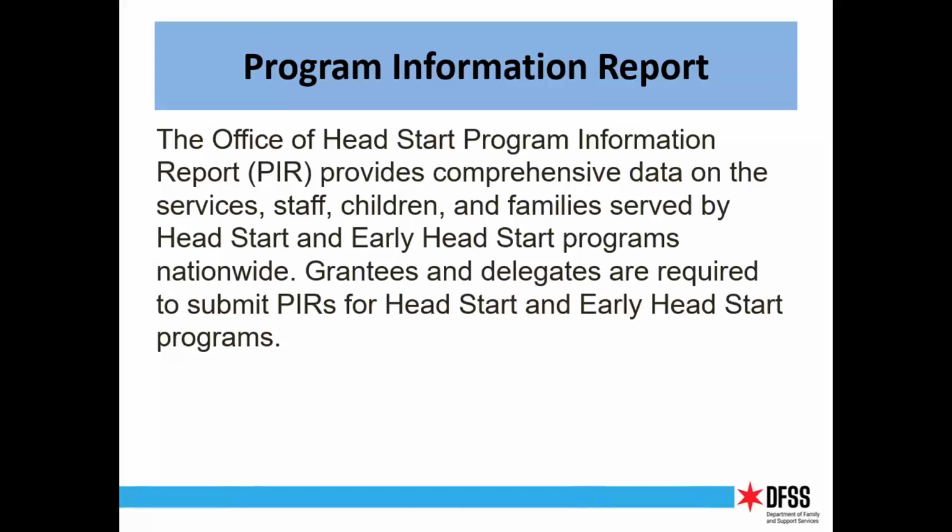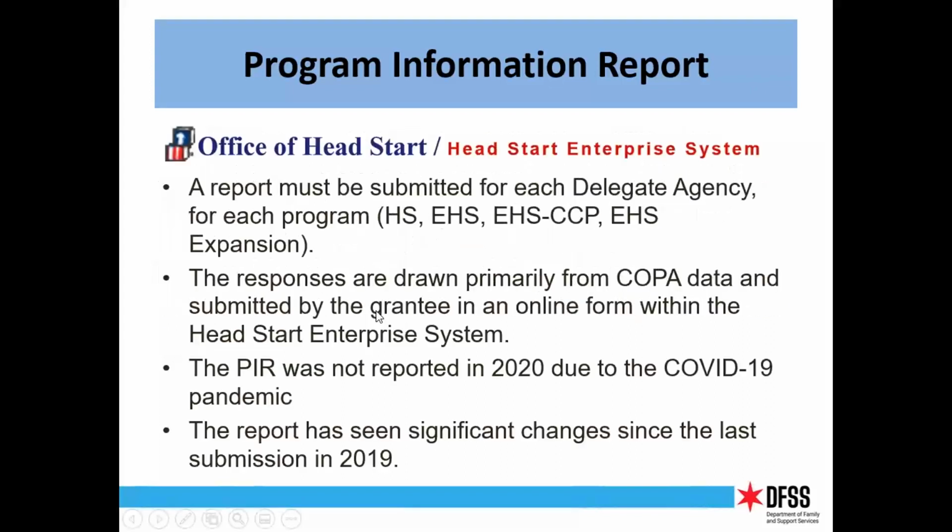It's a questionnaire that has many questions about the services that we provide to staff, children, and families in both Head Start and all of our Early Head Start programs. So grantees and delegates all submit a report annually, unless it's 2020.